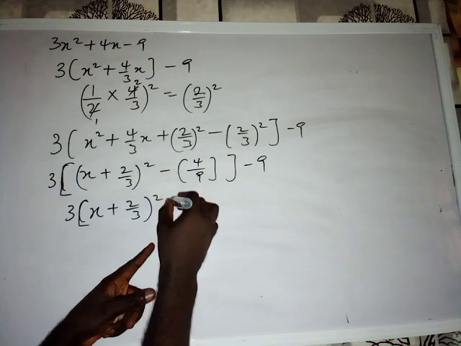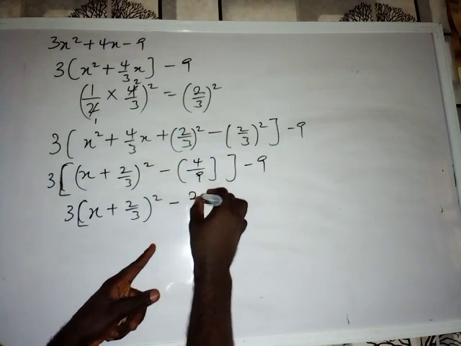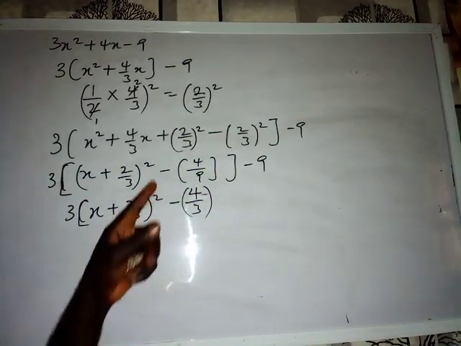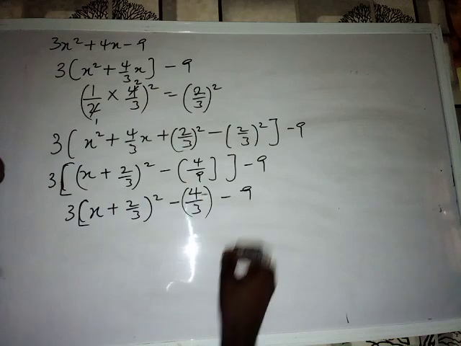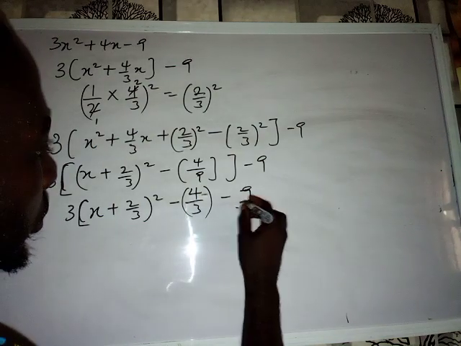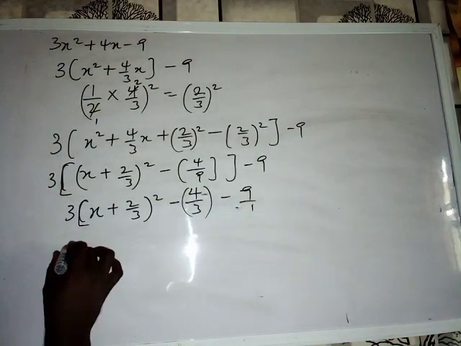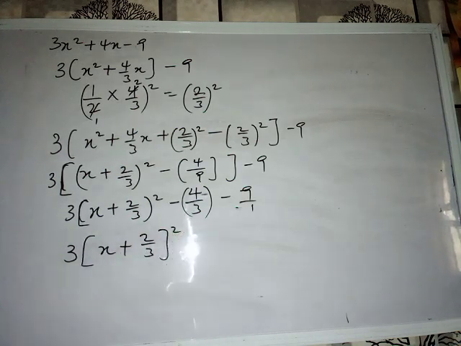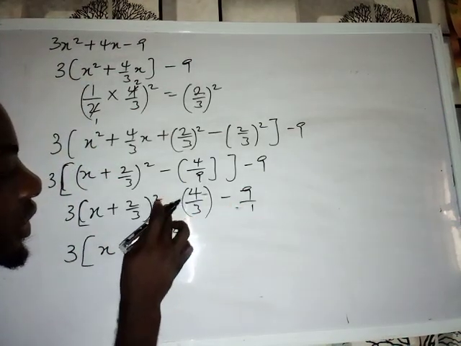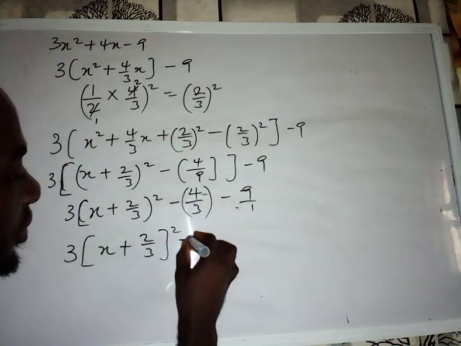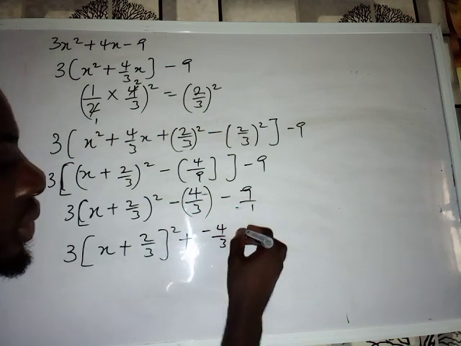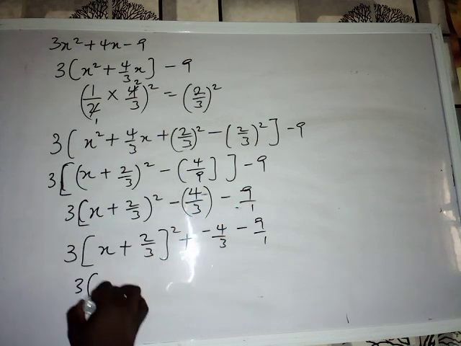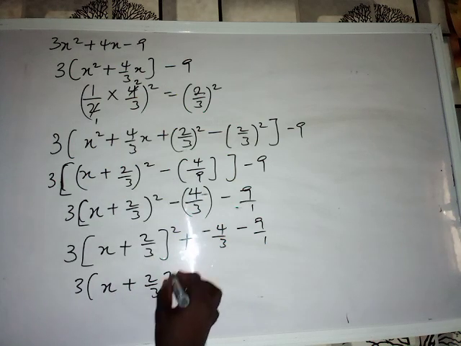Then this one, 3 multiplied by minus 4 over 9, gives minus 4 over 3, minus 9 over 1. Now this minus will affect this, so I have 3 into x plus 2 over 3 square, minus 4 over 3 minus 9 over 1.